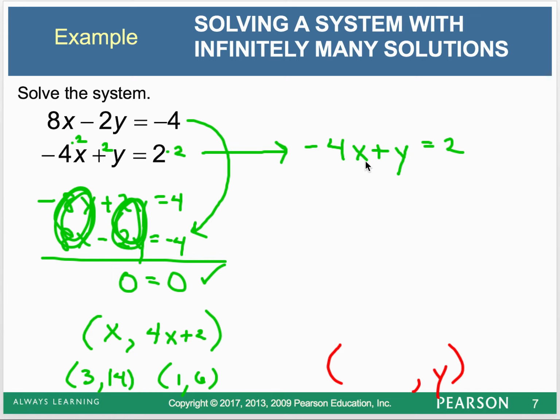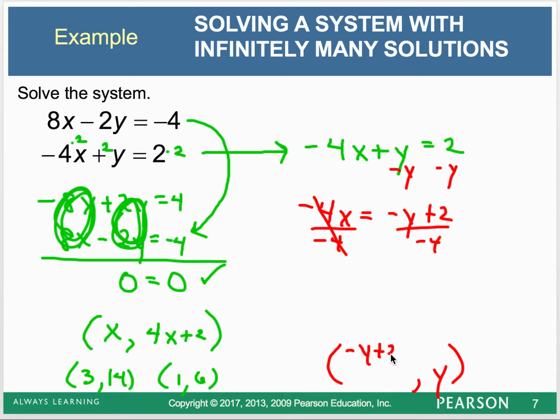All right, so let's subtract y from both sides, back to where we were. Negative 4x equals negative y plus 2. Divide by negative 4. I'm just going to do it like this for sake of easiness. So negative y plus 2 over negative 4.